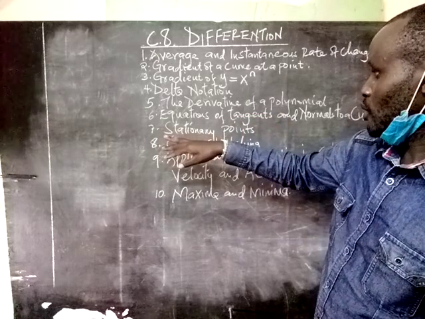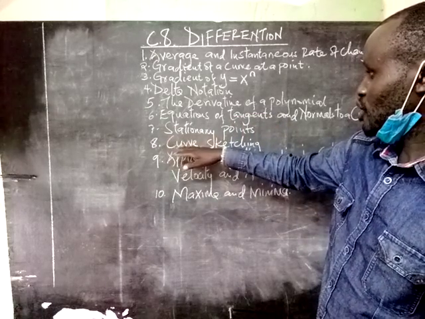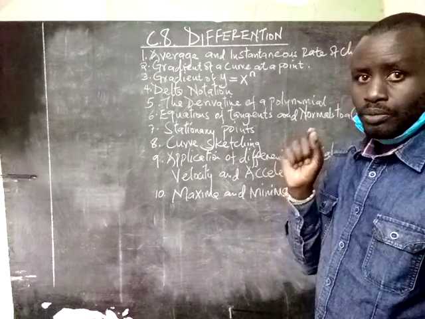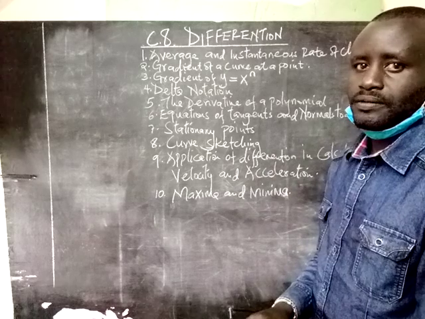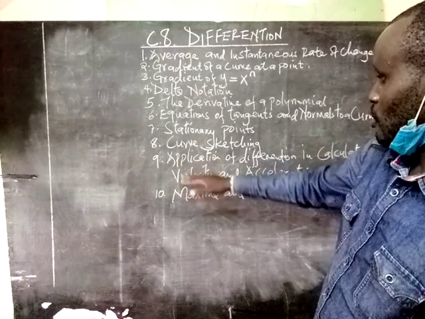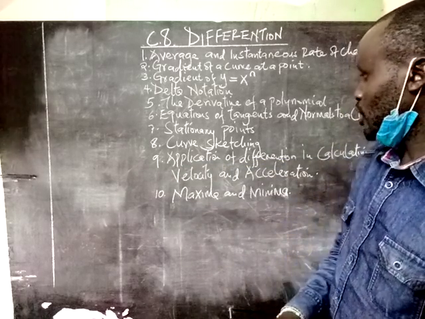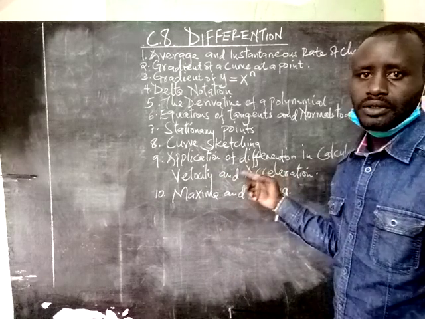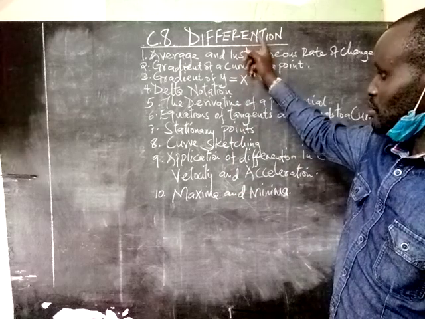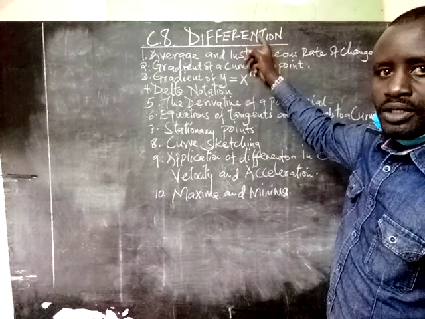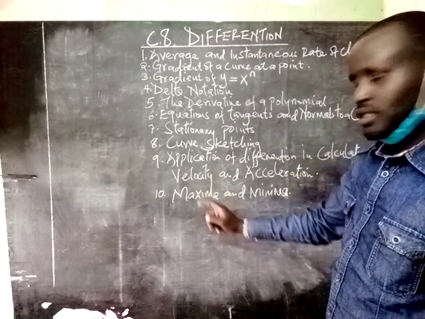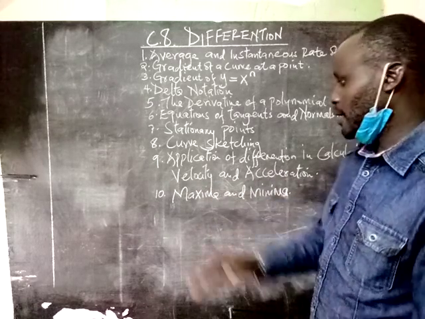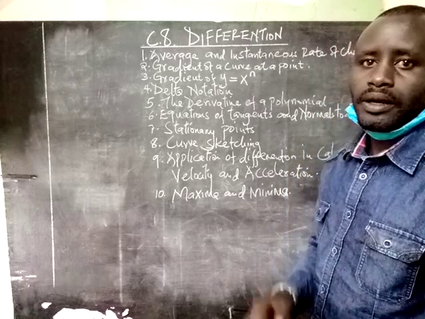Then we are going to also sketch some curves. We are going to learn how to properly sketch a curve. Then application of differentiation in calculating velocity and acceleration. We are going to see how we are going to use this differentiation to calculate velocity and acceleration. Then the last part is finding maxima and minima.